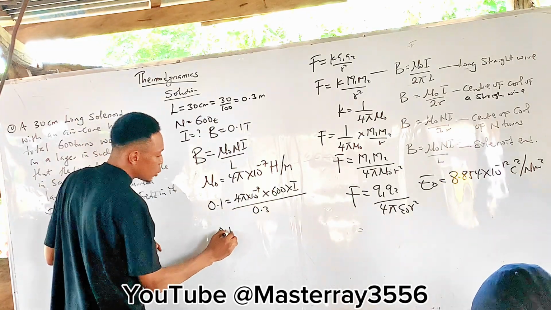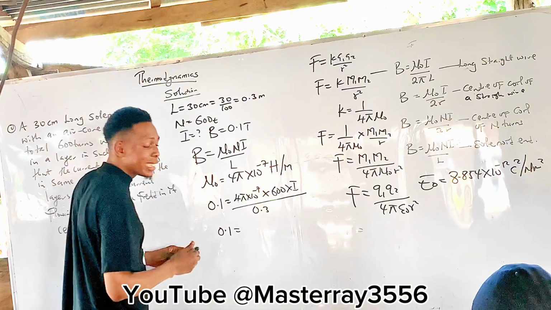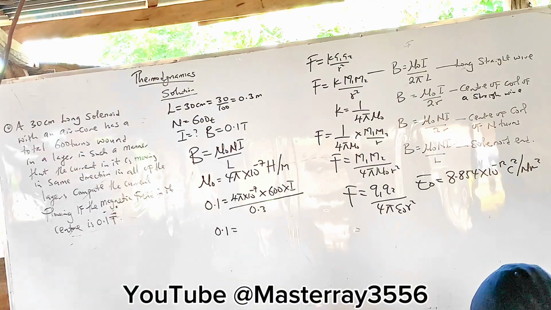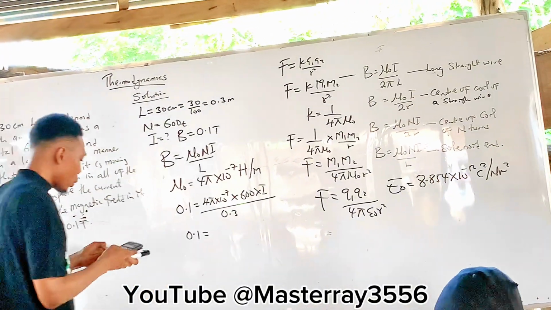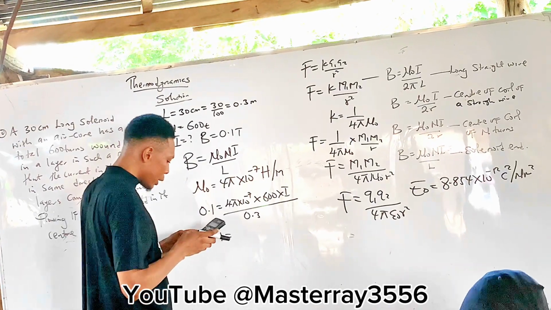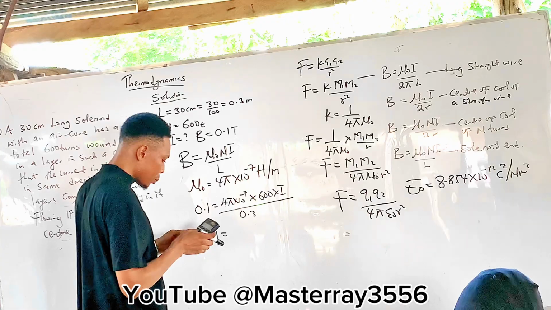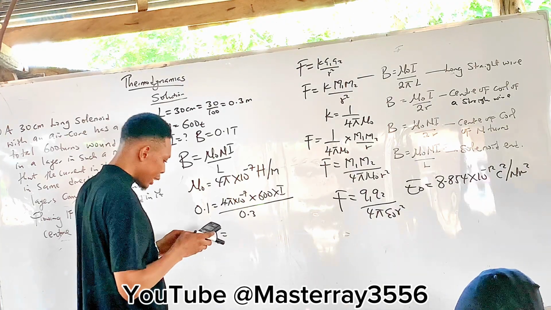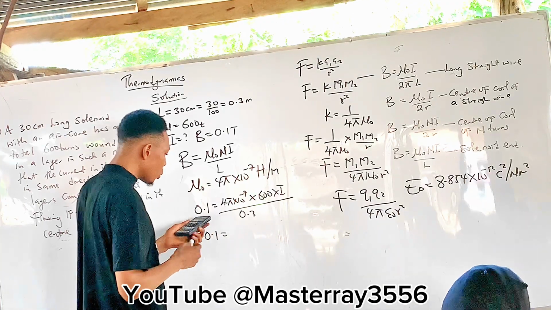Pi is 3.142, so we have 0.1 equals 4 times 3.142 times 10 raised to the power minus 7, times 600. So what do you have?